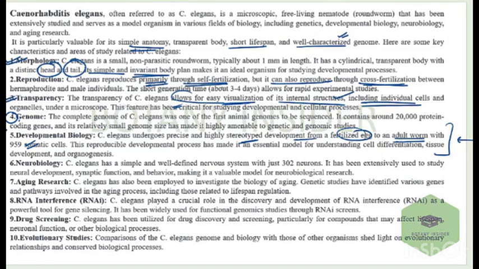Out of those 6 cells, only the sixth one is going to participate in the primary fate. Like we'll be discussing all those things. So it has a very distinctive and properly structured body plan, right? So it has 959 somatic cells and 302 neurons, so very structured.